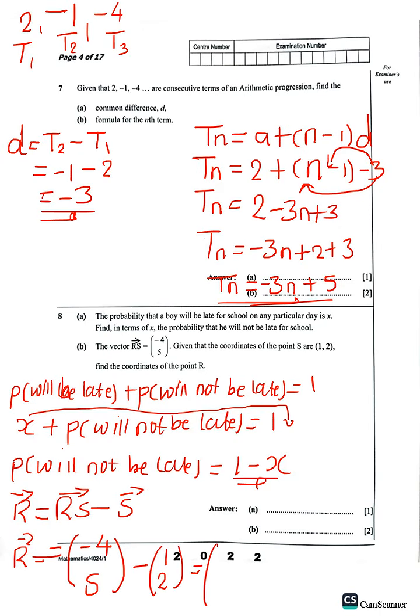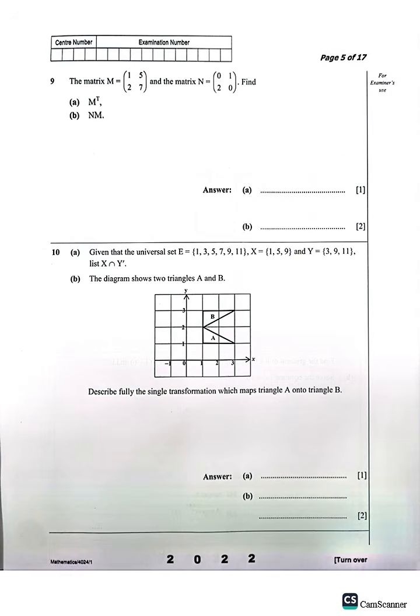Okay, so -4 minus 1, then 5 minus 2. -4 minus 1 is -5. 5 minus 2 is 3. So this is our final answer. Okay, so now we can move on to question 9.